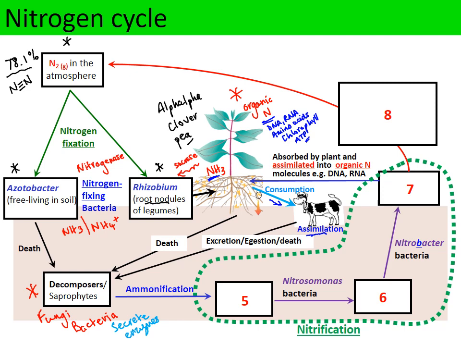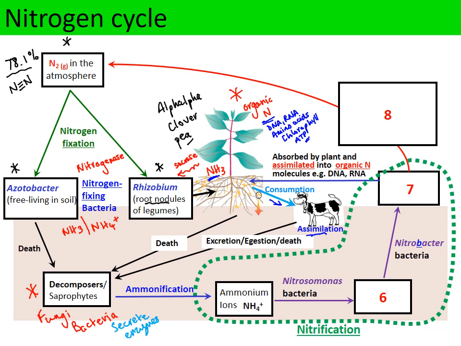And when this organic matter has been broken down, they then can absorb some of the breakdown products into the cells, for example, of the fungus or the bacterium, and they can start to utilize these breakdown molecules. Now, one of the products of decomposition by the saprophytes is ammonia or ammonium ions. So we call this process of decomposition to release ammonium ions from organic nitrogen ammonification.